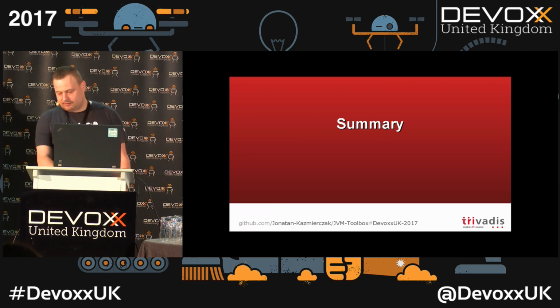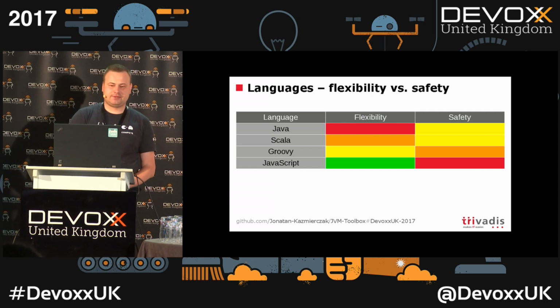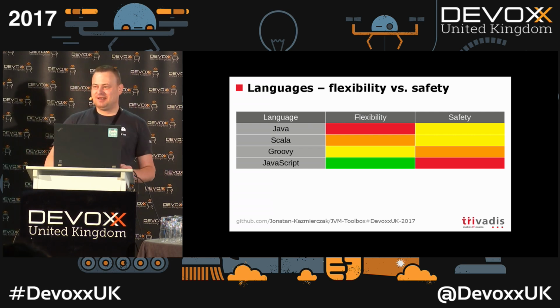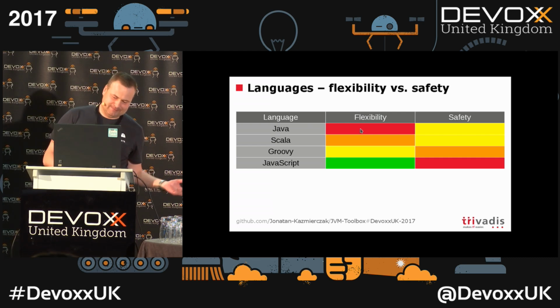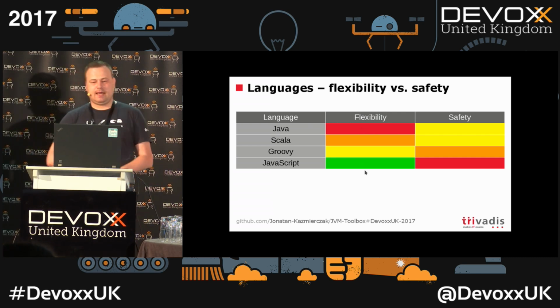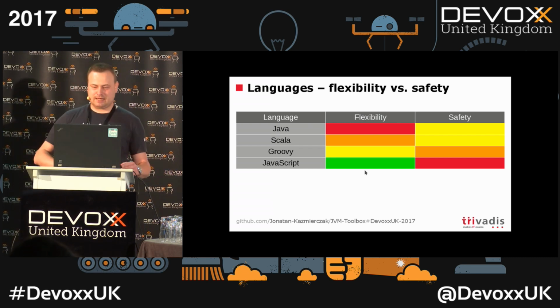Let's summarize now the information. Okay, here we are. We have some colors now. We were in monochromatic mode for some time, but now we have some colors. So we can see flexibility versus safety. The red means lowest, worst, and green means excellent. Actually, in JavaScript, you can do everything, maybe sometimes more than you would like to do.